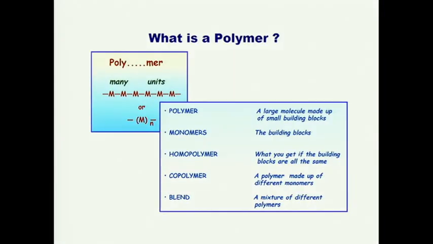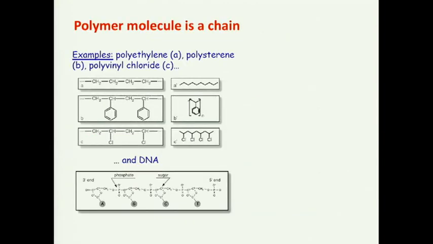Polymer is also a word coming from the Greek, meaning many units. It means there are many monomeric units coming together to form the polymer. A polymer molecule is a chain, and for you to know, it can go from very small to very, very large. Examples are polyethylene that you all use, and other things.